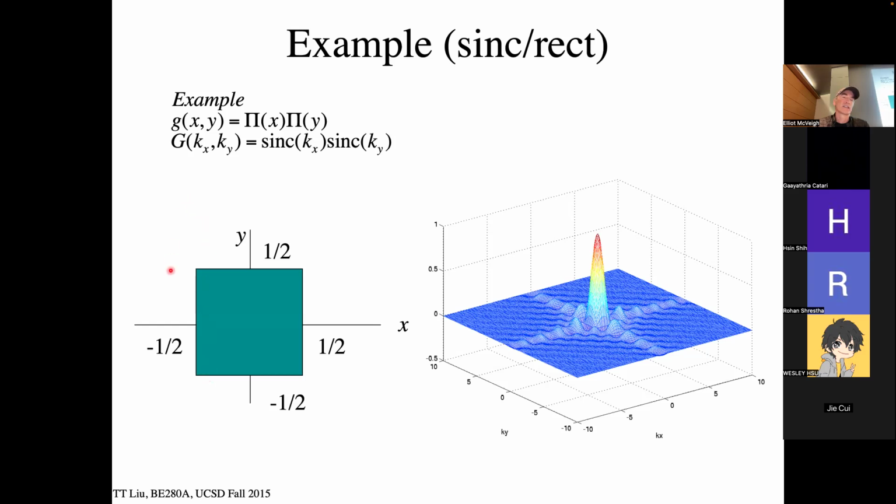If you project through here, we get a one-dimensional top hat function. That tells us that along that projection angle, the Fourier transform along that ray in Fourier space will be the sinc function that corresponds to the rect function here in 1D.